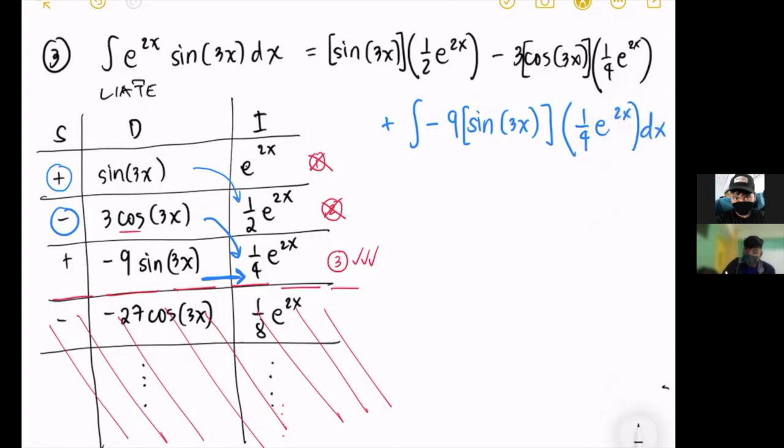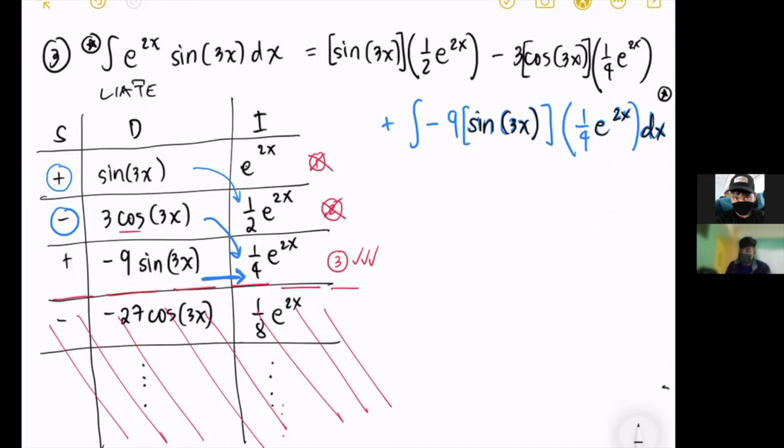So, mapapansin natin dito, again, sabi ko nga sa inyo, bigyan ko lang ng emphasis ha, kamukha niya ngayon itong nandito sa kanan, nandito sa kaliwa, tawagin ko siyang star, at ito ay medyo magkamukha. Paano pamamaraan? Dahil meron kang e to the 2x multiplied to sine of 3x dx, which is yun din yung makikita natin sa kabila.